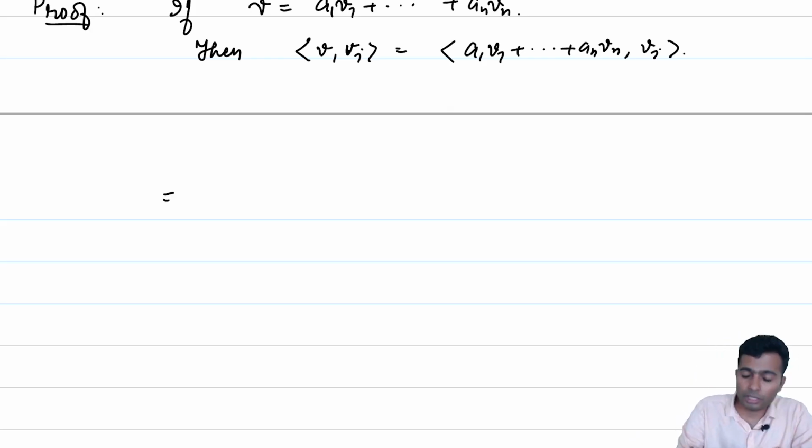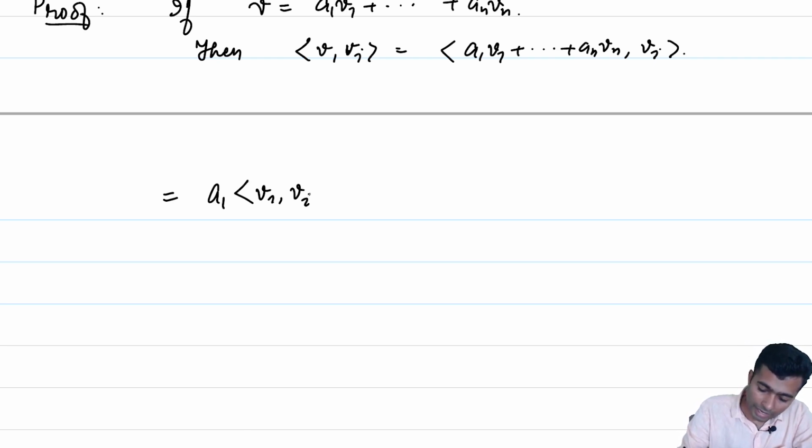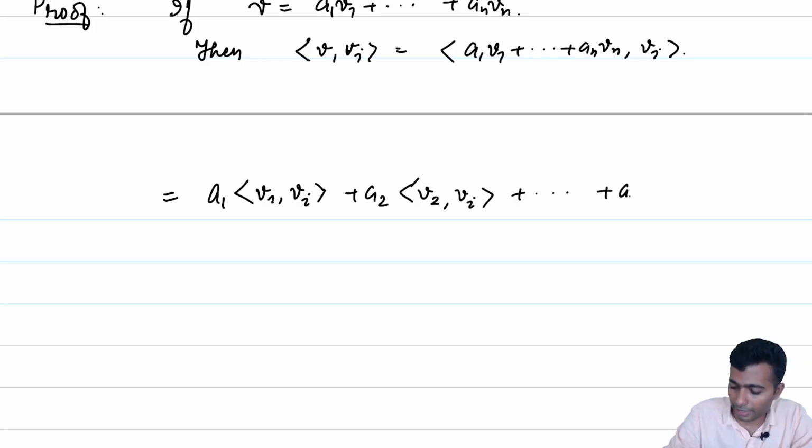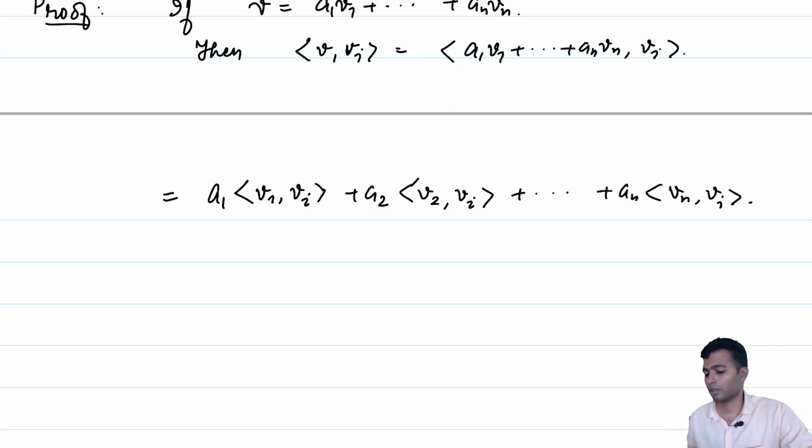This is equal to A1 times the inner product of V1 with Vi plus A2 times the inner product of V2 with Vi plus up to An times the inner product of Vn with Vi. But beta is an orthonormal basis, so the inner product of Vi with Vj is 0 if i is not equal to j.